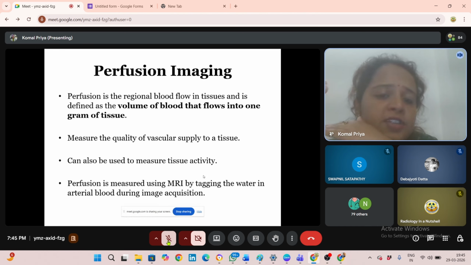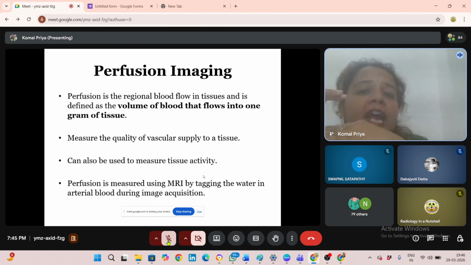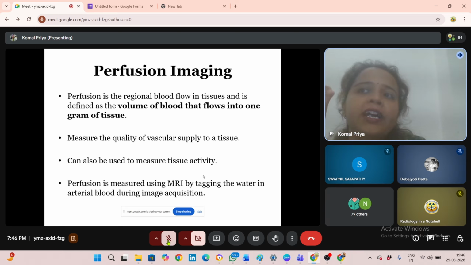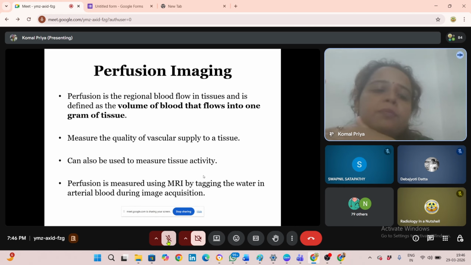Perfusion imaging will measure what happened when you were sitting quietly and what happened when you are running or doing an activity. So it shows the quality of the vascular supply to that tissue when the movement was happening, and how the perfusion images were generated.